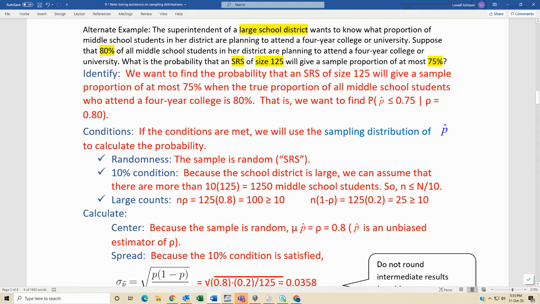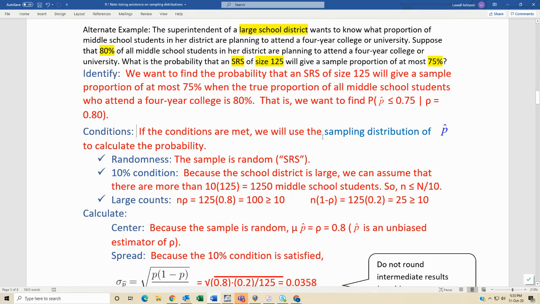We want to find the probability of getting a sample proportion less than or equal to 0.75 when the true proportion is 0.8. The second part, we have to check the conditions. I want you to start out with a sentence like this: if the conditions are met, we'll use the sampling distribution of p hat to calculate the probability.